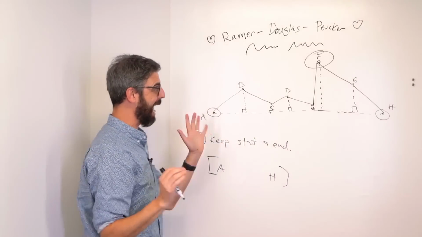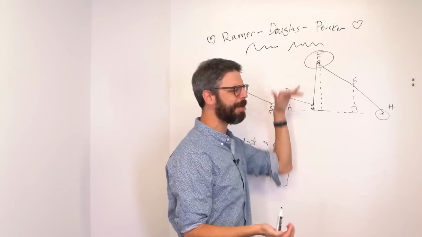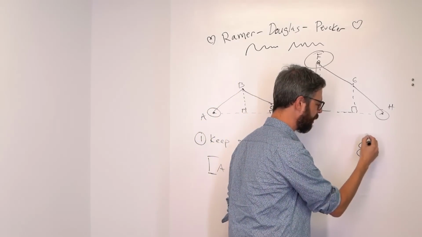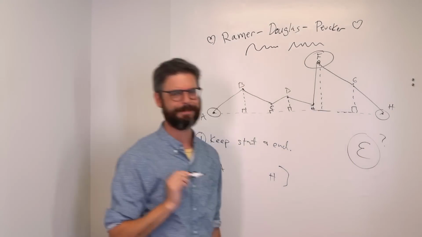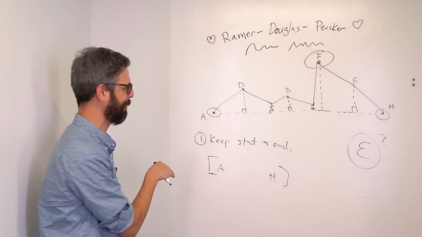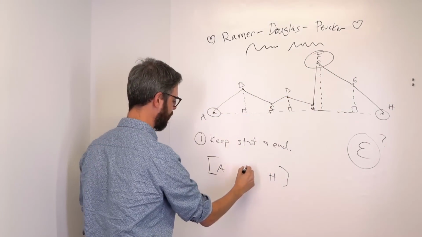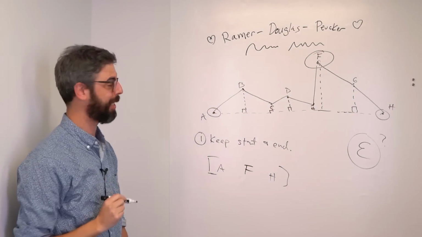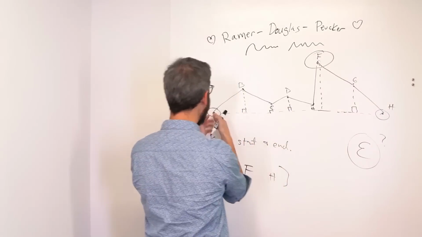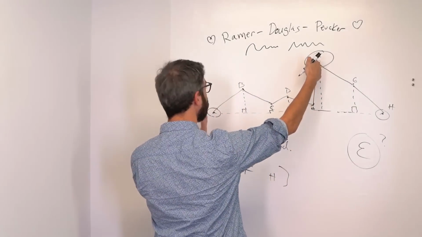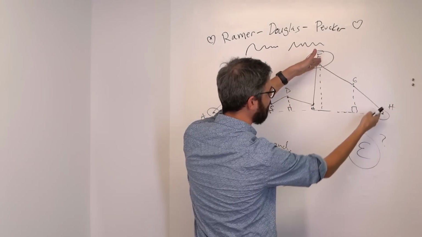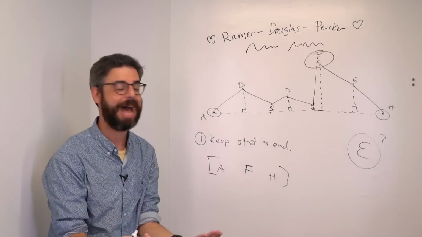Now I think I then test that point against this epsilon value, but let's come back to epsilon in a second. I'm not entirely sure. I'm going to go back to the Wikipedia page. But what I do is I say, I want to keep that point. So I'm going to keep that point. Now this is the recursive part. Now I have another path that goes from A to F and one that goes from F to H. And I apply the same algorithm again.